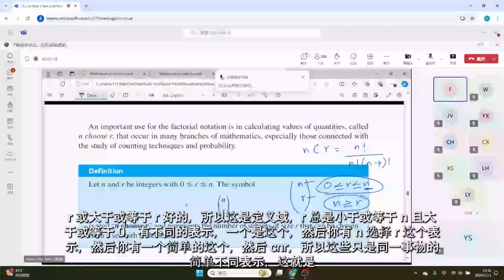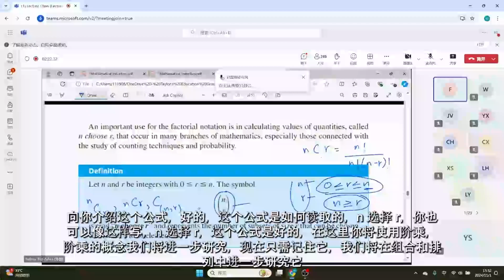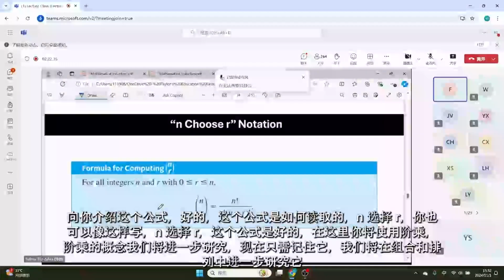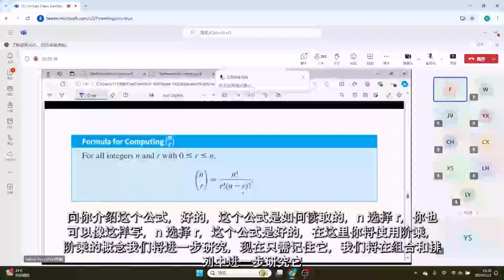Okay. There are different representations. One is this one. Then you have the n choose R representation. Then you have this one, and then C n R. So these are just different representations of the same thing. This is to introduce you to this formula. Okay, how do you read it?